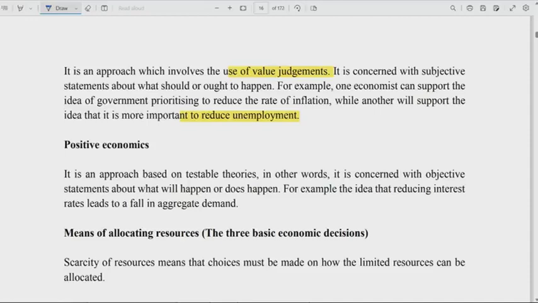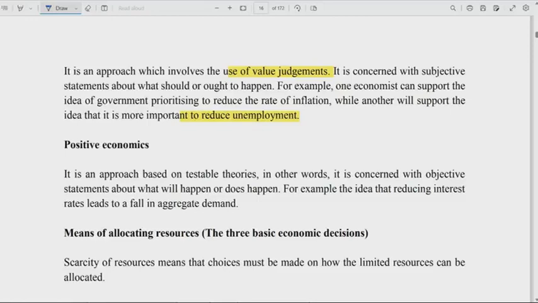For example, the idea that reducing interest rates leads to a fall in aggregate demand, right? So it's something that has been tested that if you are going to reduce the interest rate, then the aggregate demand will fall. It's not something that someone feels, but is based on tested theory.